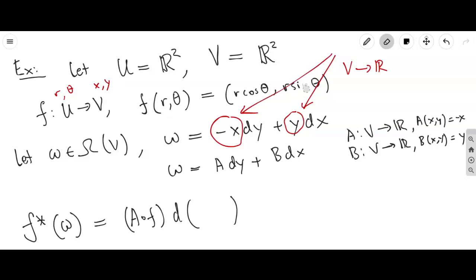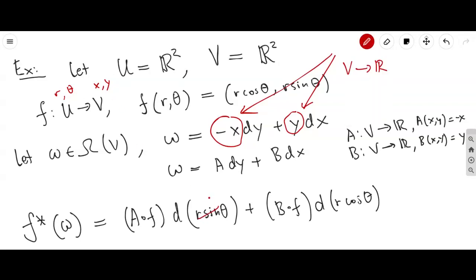So it's going to be d of this function, r sine theta, plus b composed with f, d r cosine theta. And if it makes you feel better, this is really just the first component, and this is the second component, because we have a dy over here.